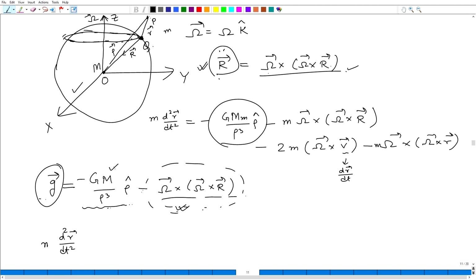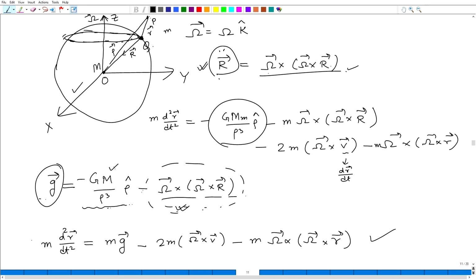If you write this, then finally it will be m g minus 2 m omega cross v minus m omega cross r, small r. Already you see that this is the acceleration of a particle with respect to an observer sitting on earth.